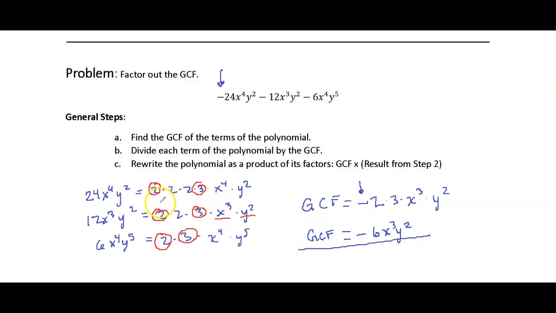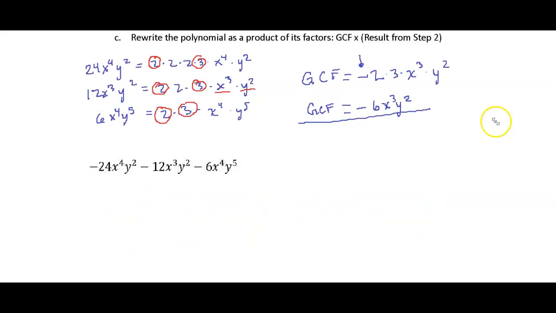Okay. Now I'm going to go ahead and rewrite our given polynomial. Now that I've got our given polynomial rewritten, we're going to divide each term by the GCF. So dividing each of these terms, negative 24 divided by negative 6, that is a positive 4.